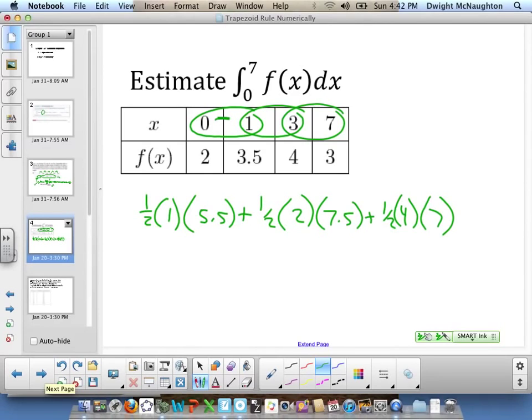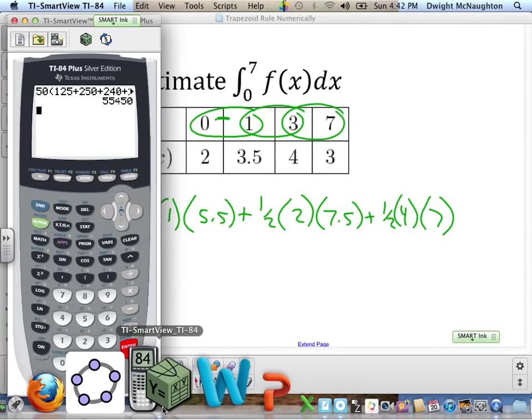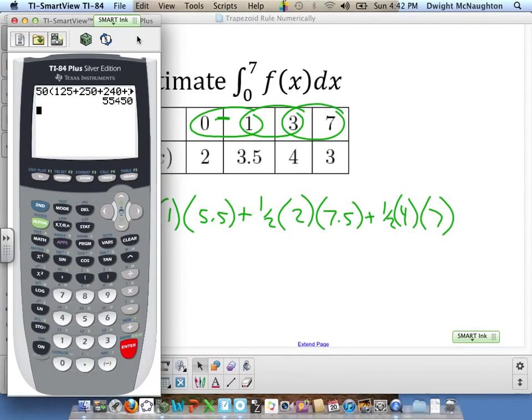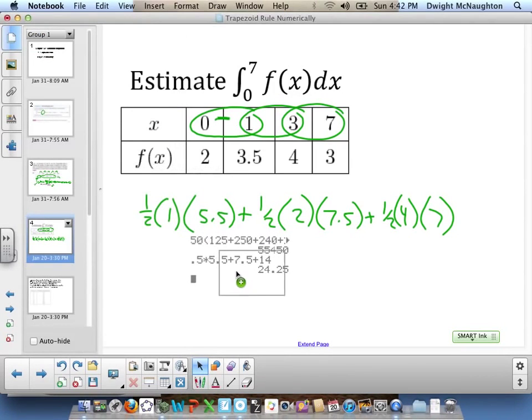Instead of doing them all at once, we do them separately and work that out. So this estimate is 0.5 times 5.5 plus 7.5, because a half cancels, and 2 times 7 is 14. 24.25.